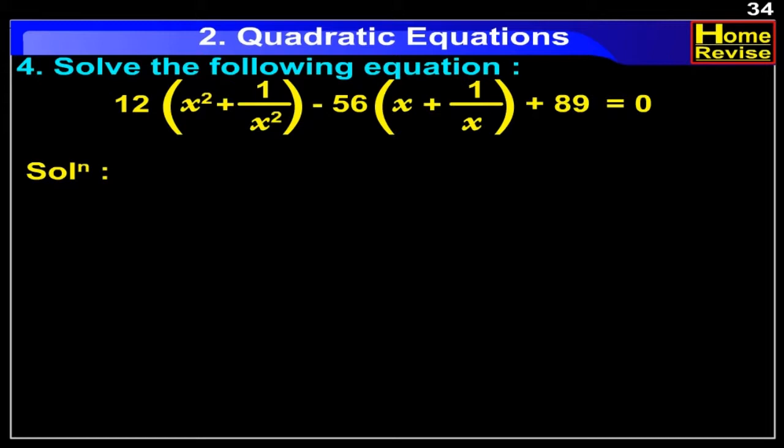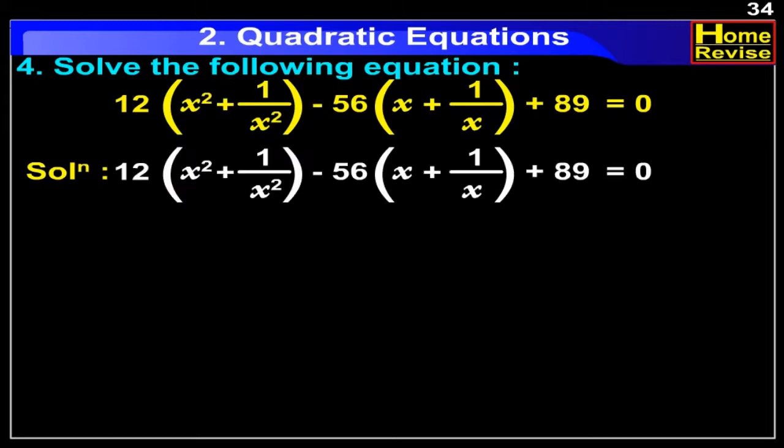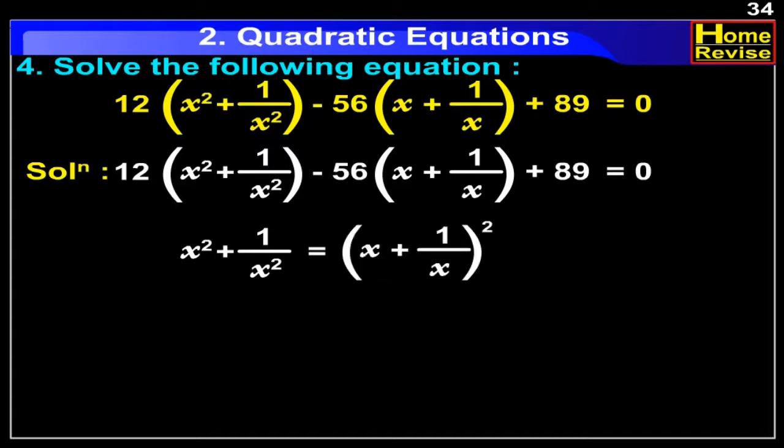The given equation is 12 into (x² + 1/x²) minus 56 into (x + 1/x) plus 89 is equal to 0. We know that x² + 1/x² is equal to (x + 1/x)² minus 2.